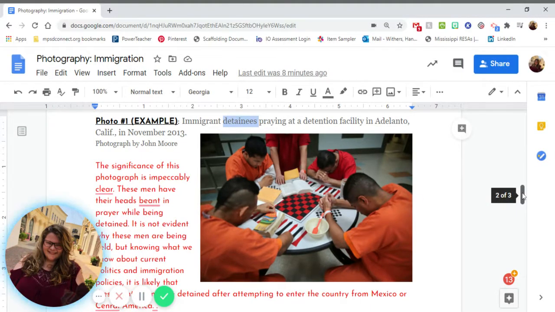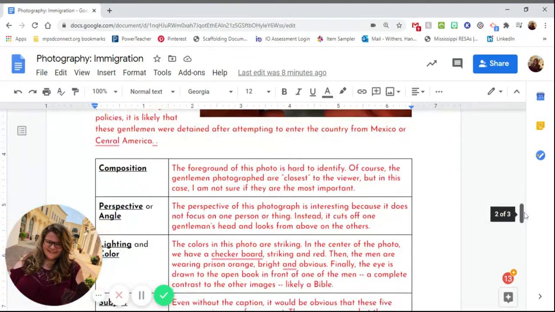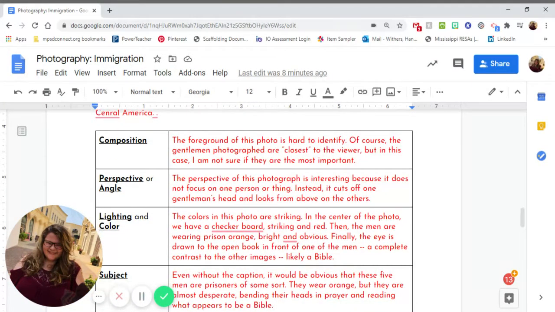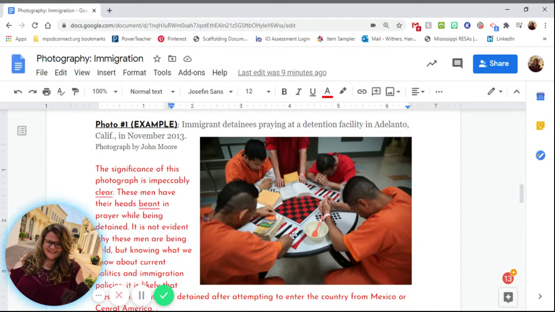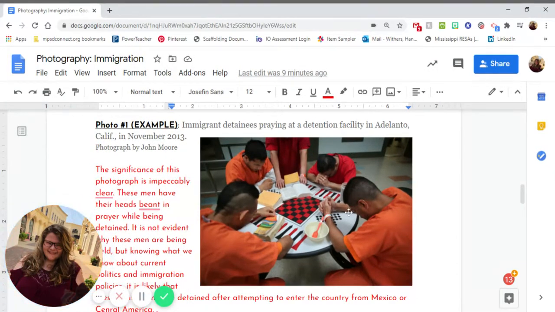And I feel like that's the most important part of the photo because it's different. Your eyes go to that open book in front of the people. It's likely a Bible, right, if they're praying. It contrasts the other parts of the photo.